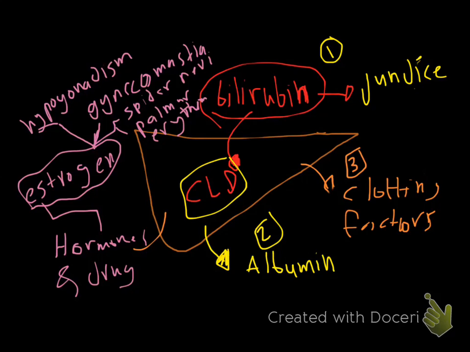As a result of increasing estrogen, the blood vessels will dilate, and that will lead to spider nevi. Spider nevi is a spider-shaped dilation of the blood vessels in the distribution of the superior vena cava: head, neck, upper limbs, the trunk, and the back sometimes.